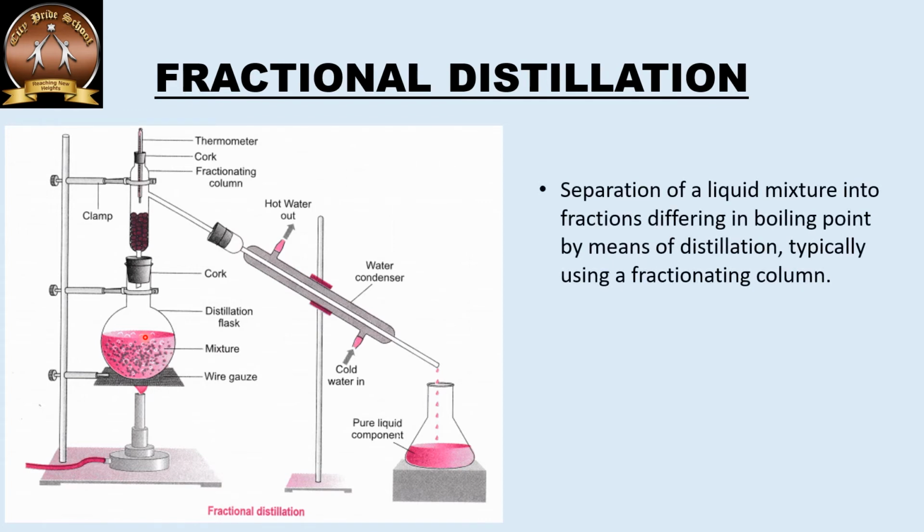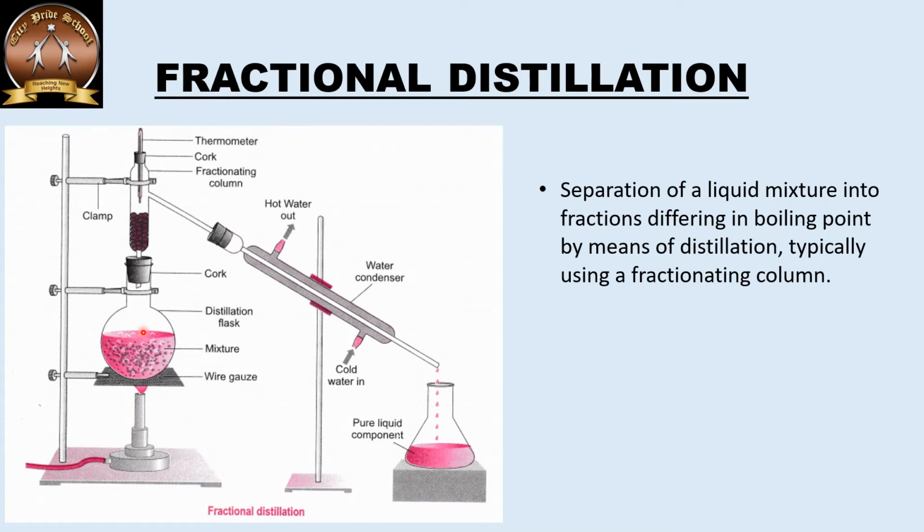So as soon as the boiling point of the lower boiling point liquid is reached, the liquid starts migrating from this round bottom flask to this fractionating column and in the upward direction. And now the thermometer would show the temperature of the liquid which has a low boiling point.